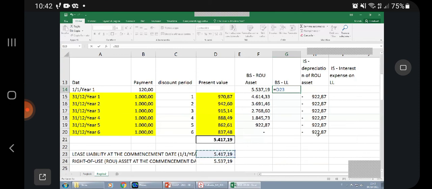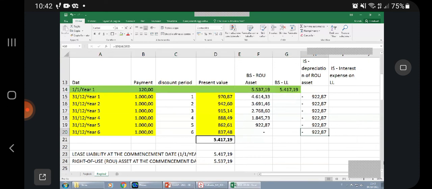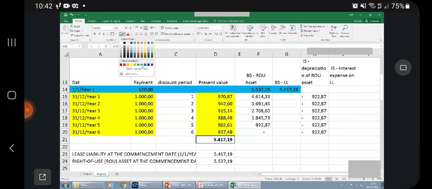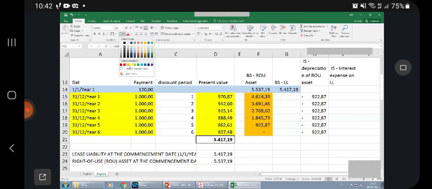Okay, this is the amount at the beginning of January, when the contract is signed. And then in orange, the amount shown in the financial statements.